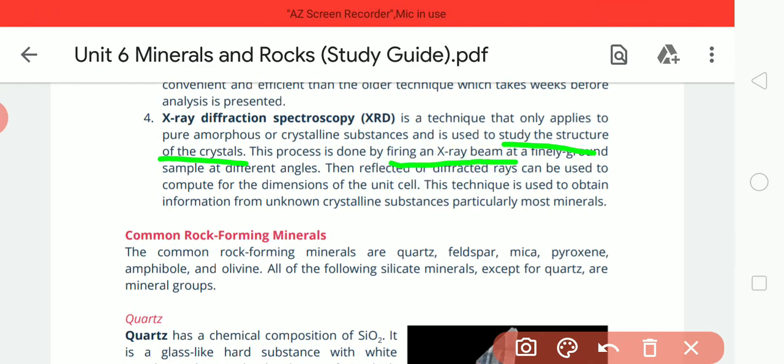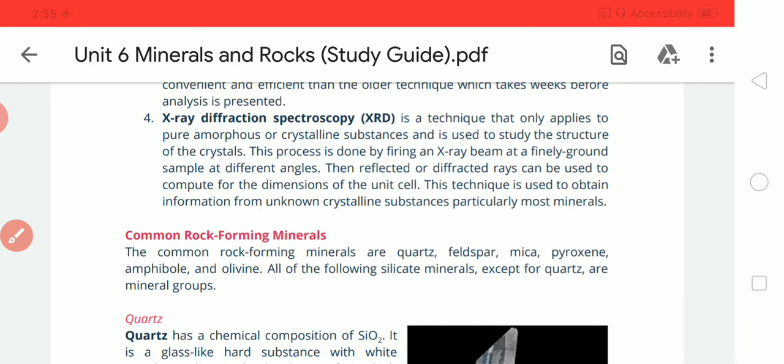Whereas the XRF uses high voltage electrons, the XRD uses an X-ray beam at a finely ground sample at different angles. Then reflected or diffracted rays can be used to compute for the dimension of the unit cell. This technique is used to obtain information from non-crystalline substances, particularly most minerals.